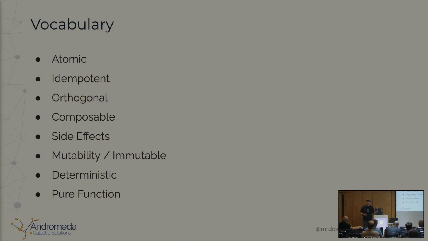It means every single time I give this specific input, I get the exact same output. And finally, pure functions, which are deterministic, idempotent functions with no side effects. Pure functions are a glorious way to do really composable systems and build algorithms that can grow in a very orthogonal way.